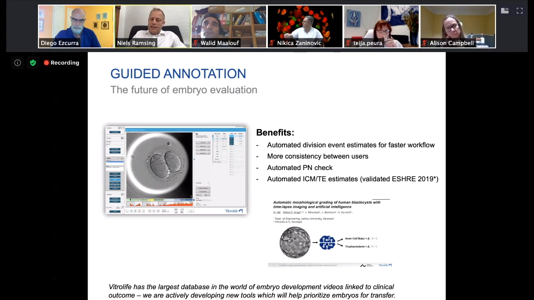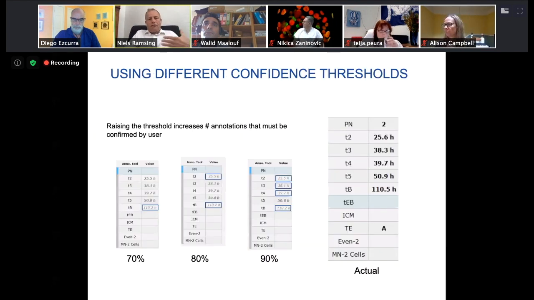It then gives a score, a threshold for the confidence level. The user can set this threshold so that if you're very busy in a clinic, you can say, well, I believe the computer if it's 70% or higher confident in its set. Or I can say, well, I actually have a lot of time today, so I'll set the threshold a bit higher, at 90%.